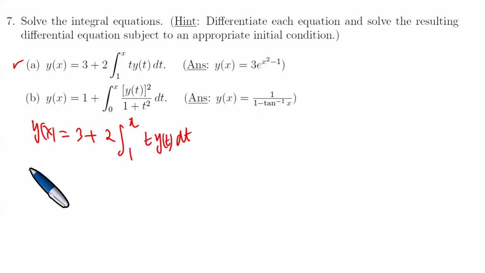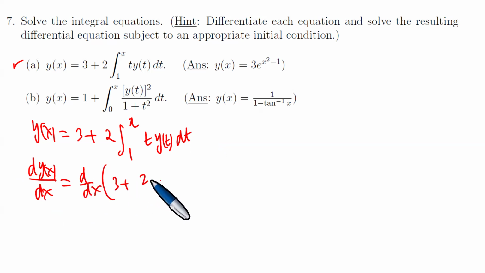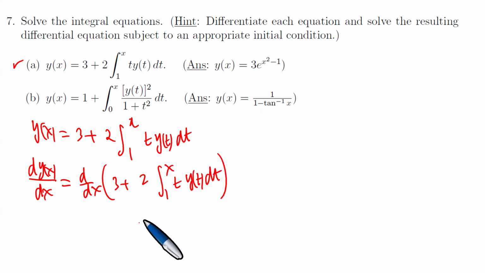We want to differentiate this one, so we're getting dy of x over dx, the derivative of 3 plus 2 times the integral of t y of t dt. Let us take a look at this particular problem.